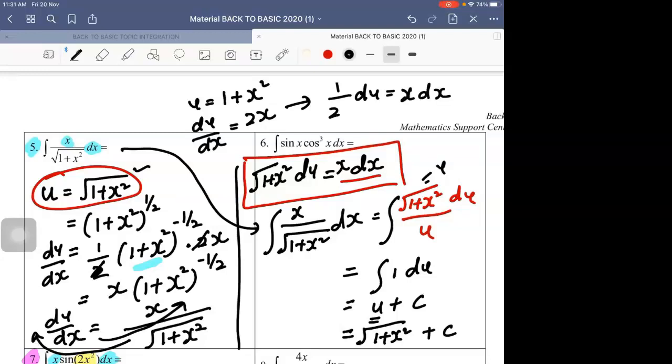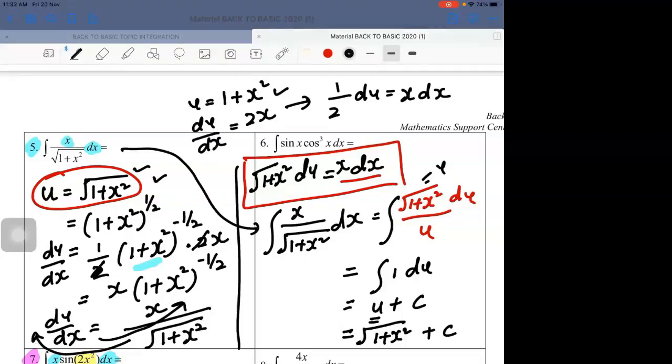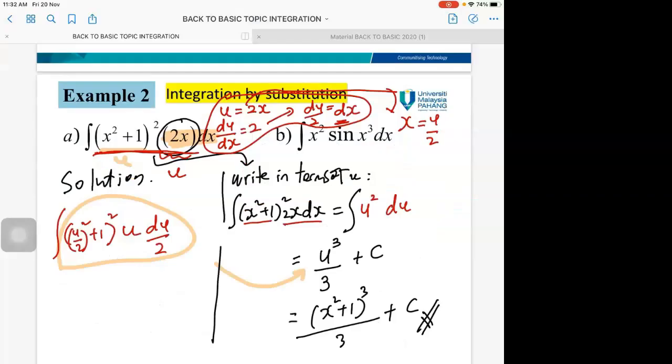But you will have it in terms of square root. So this is also correct, or you can use u equal to 1 plus x squared, also correct. Okay, so good. So clear about integration by substitution.